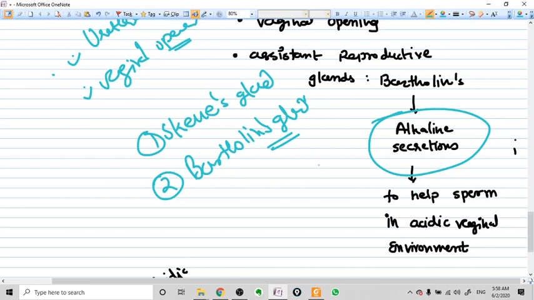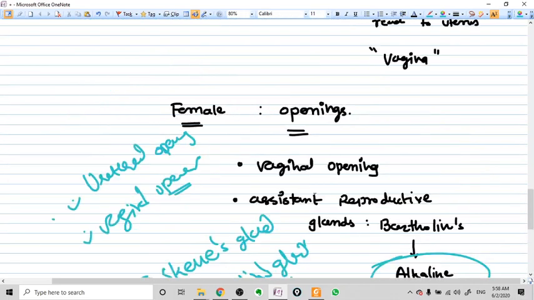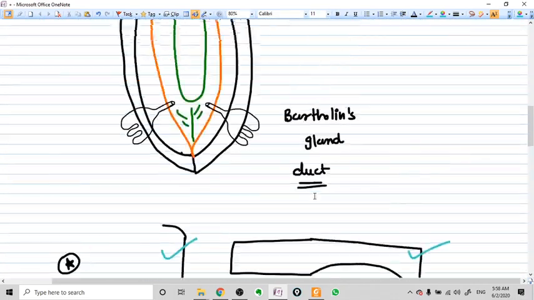The pH of vaginal mucosa or secretion is 4.5, so it's very acidic. To survive in this acidic environment, the sperm needs some alkaline support, and the Bartholin glands will give them alkaline support. So this is how we learn what should be there in the external genitalia.